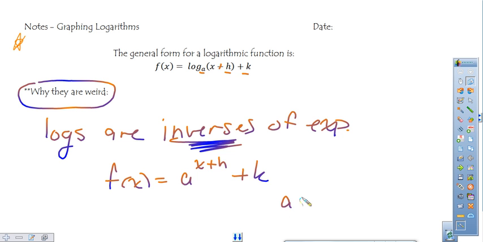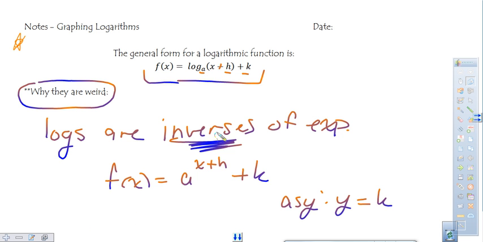We had an asymptote that was always y equals k. For these guys, since they're the inverse, we're going to have an asymptote of x equals h.